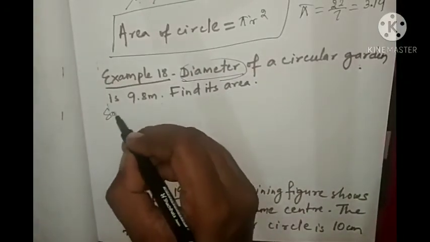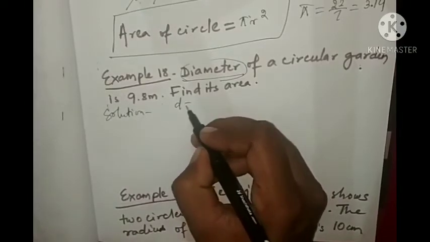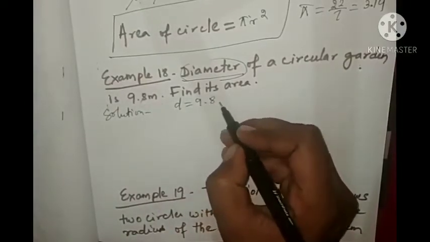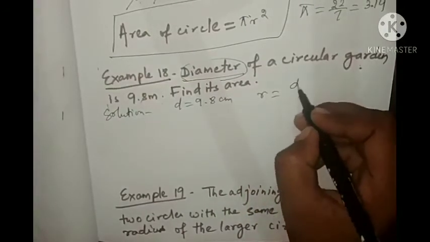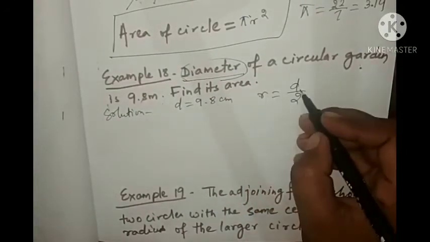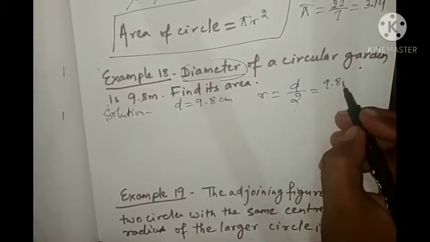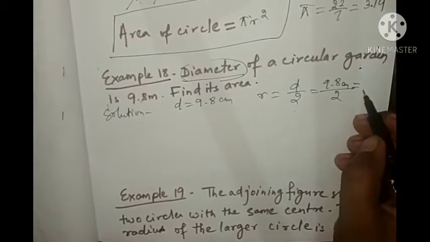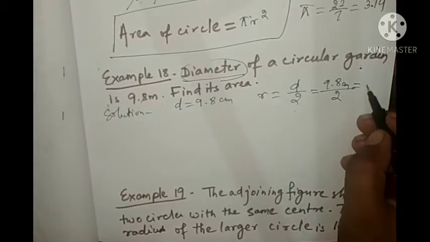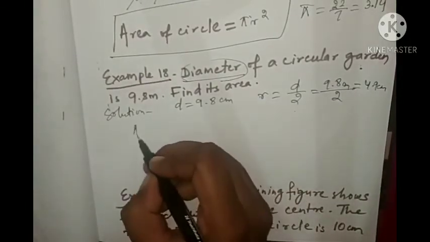Solution: d is given as 9.8 meter. So r equals d by 2. Radius is half of diameter. So 9.8 meter by 2 is 4.9 meter.